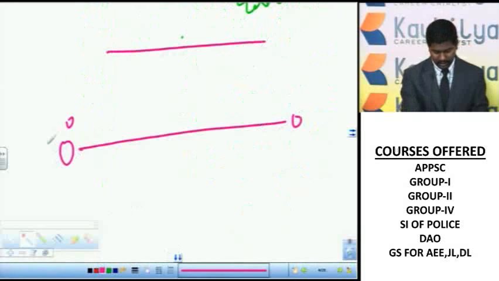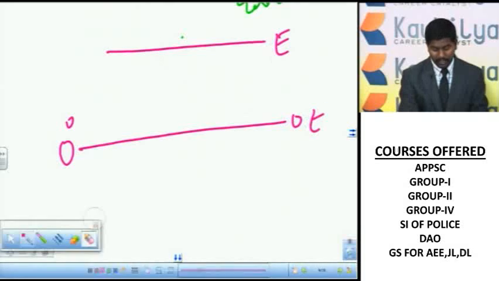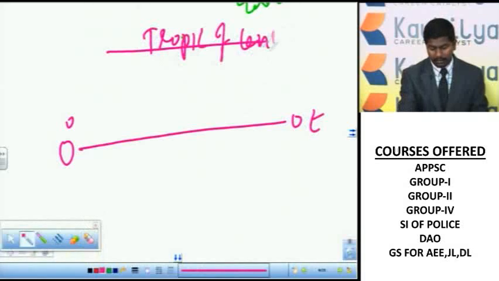So here it is the equator, the Tropic of Cancer, and the Tropic of Capricorn.